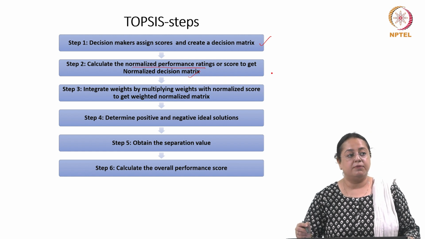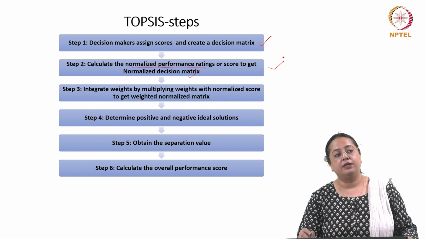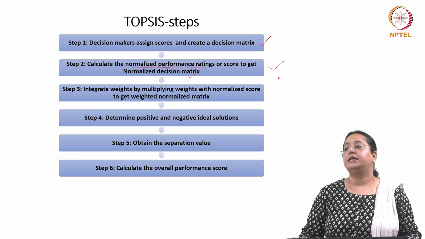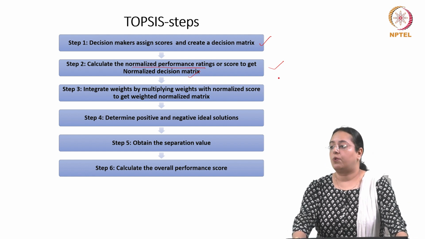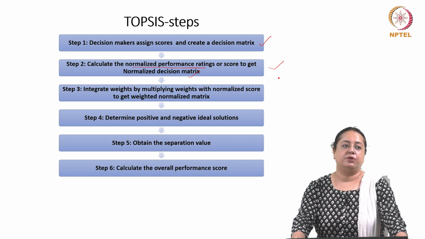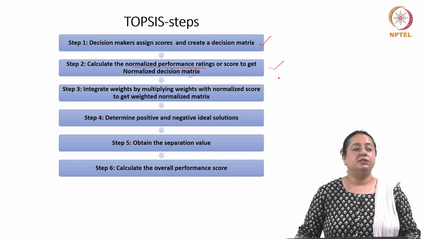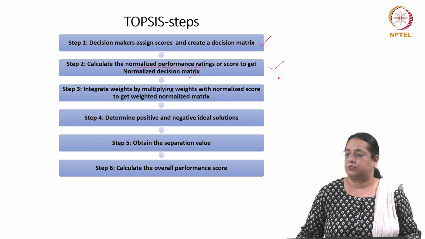So the method we would use is that we will take the score and divide it by the square root of the summation of squares of the scores given to all attributes. We will see that as we proceed with the example. The idea is first to normalize the scores.